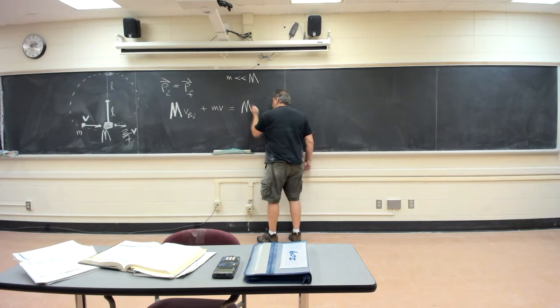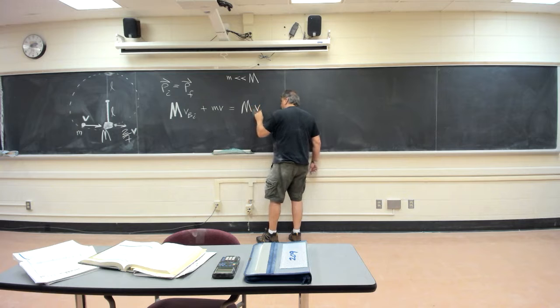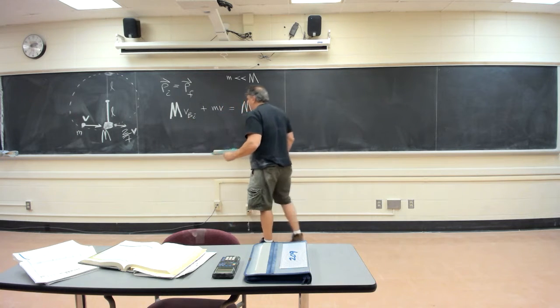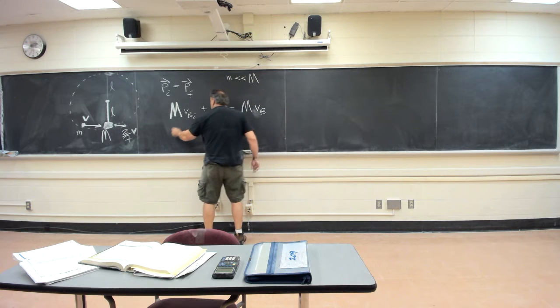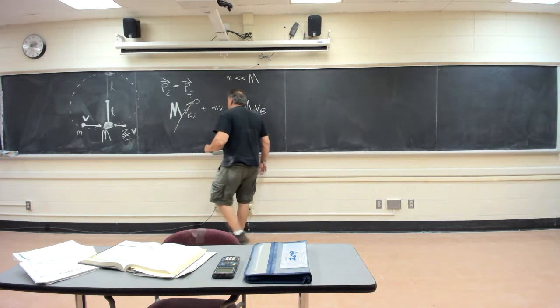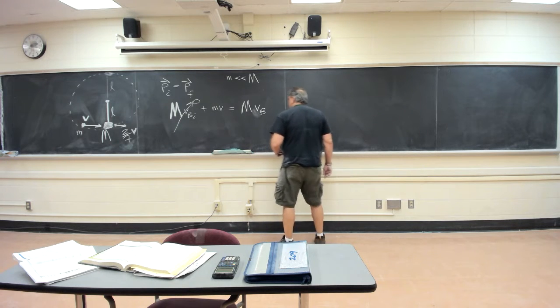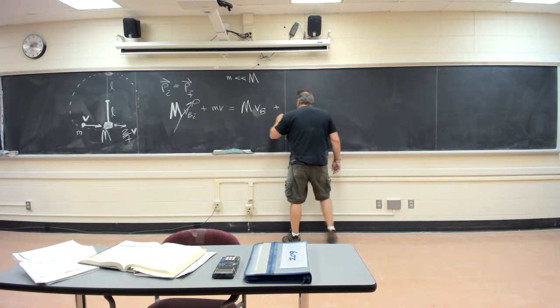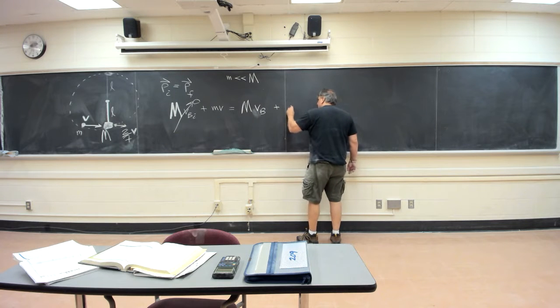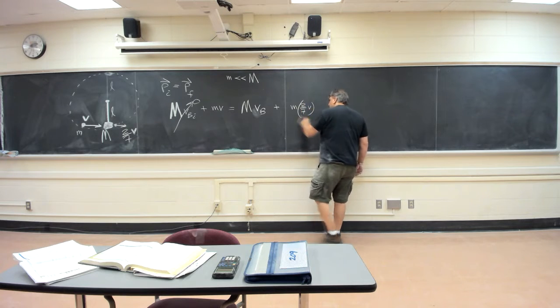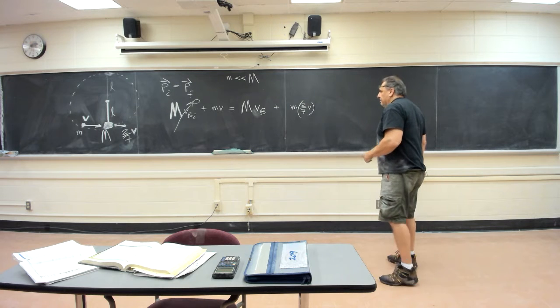This is going to be v of the block final. We'll just call it vb. vbi is the initial of the block, and that was 0. It's not moving. The bullet is moving like that, and then the bullet also leaves with m times 2/7 v for the bullet.